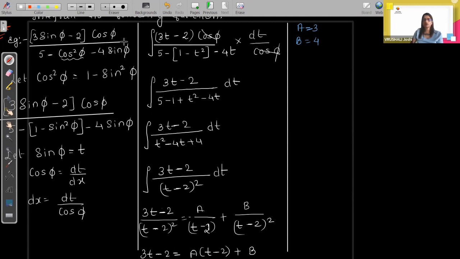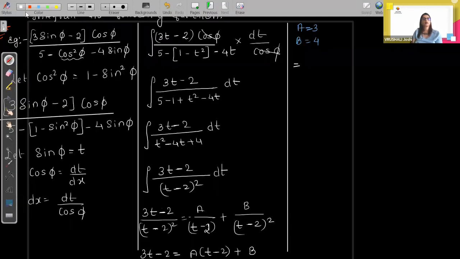So we will keep this value in mind, and now we can write down that this entire thing will become as, okay. तो 3t इसको कैसे लिखेंगे? इंटीग्रेशन ऑफ 3t minus 2, ये इसको कैसे लिख सकते हैं हम लोग?